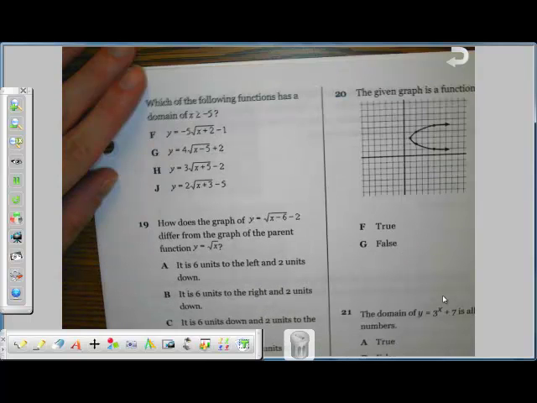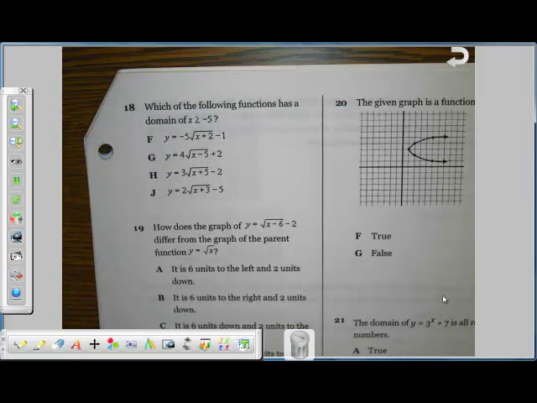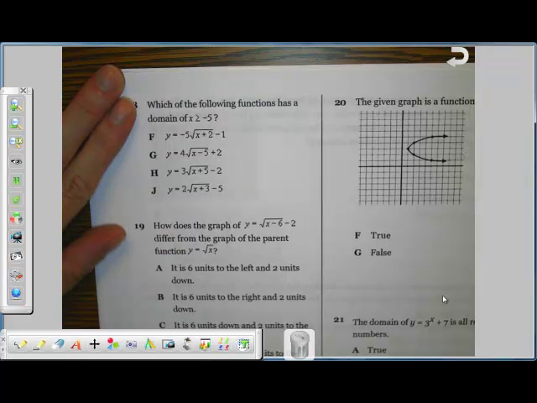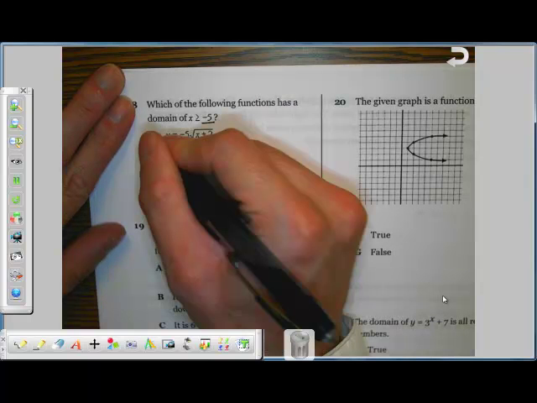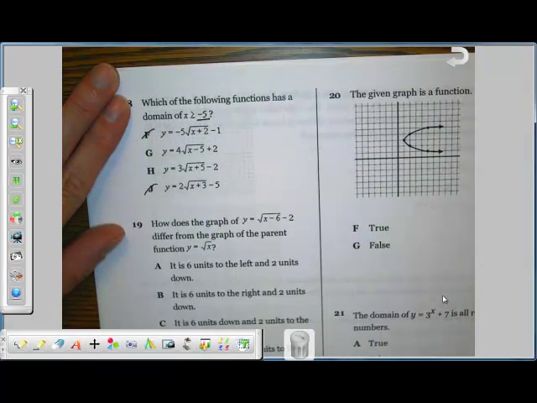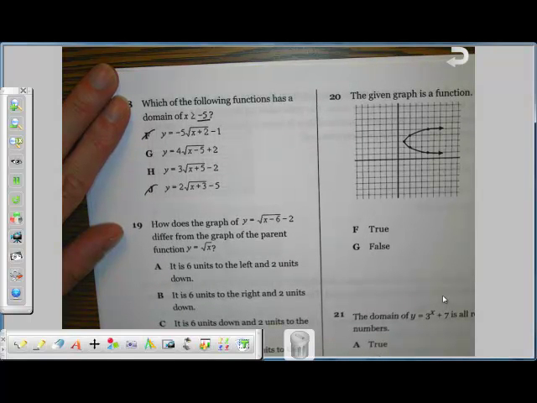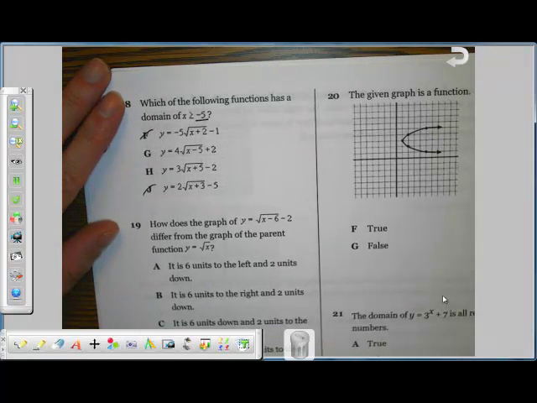Okay, which of the following functions has a domain that requires x to be greater than or equal to negative 5? When we're talking about domains and square roots, that means we cannot take a square root of a negative number because the square root of a negative number is imaginary. Okay, so right off the bat, since x has to be greater than or equal to negative 5, immediately I can eliminate from consideration f and j because there isn't even a 5 inside the square root.